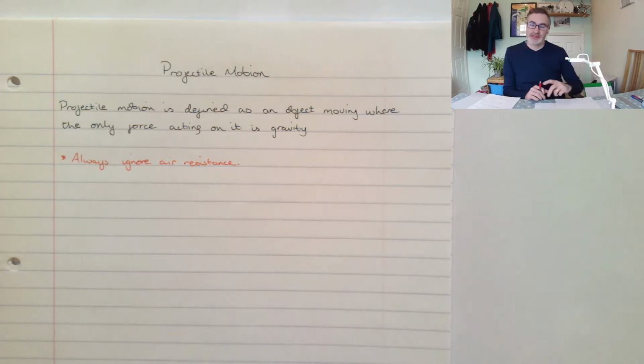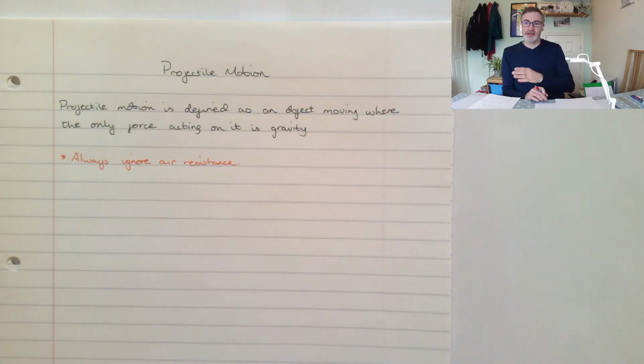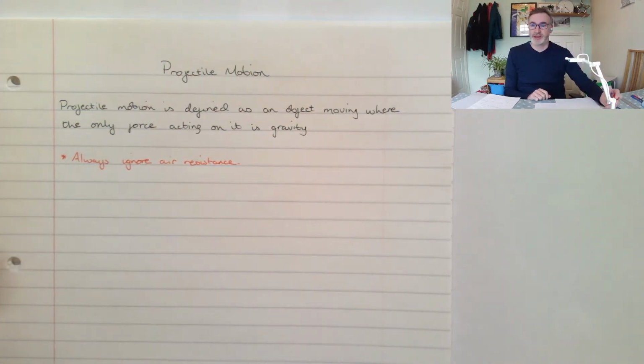It would not be classed as a projectile. Something like, as I said, a ball before, you could have a dart or an arrow. They move in generally a projectile path, although the little flights at the end of these objects will provide some other forces. They don't generally tend to provide a lift force, and so we could treat them as projectiles as well.